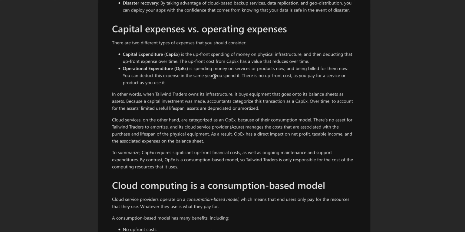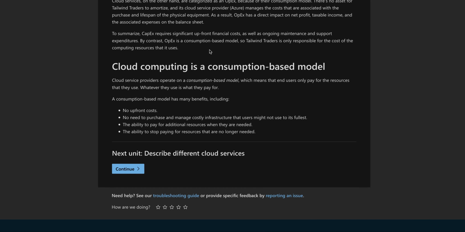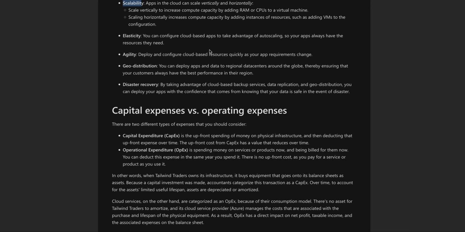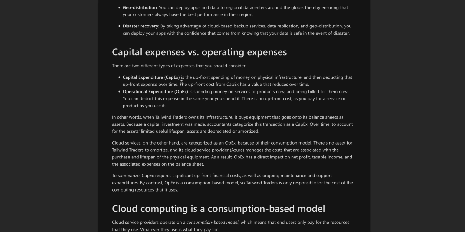All right, so what is the difference between capital expenses and operating expenses? Capital expenditure is the upfront spending of money on physical infrastructure, and then deducting that upfront expense over time. The upfront cost from capex has a value that reduces over time.